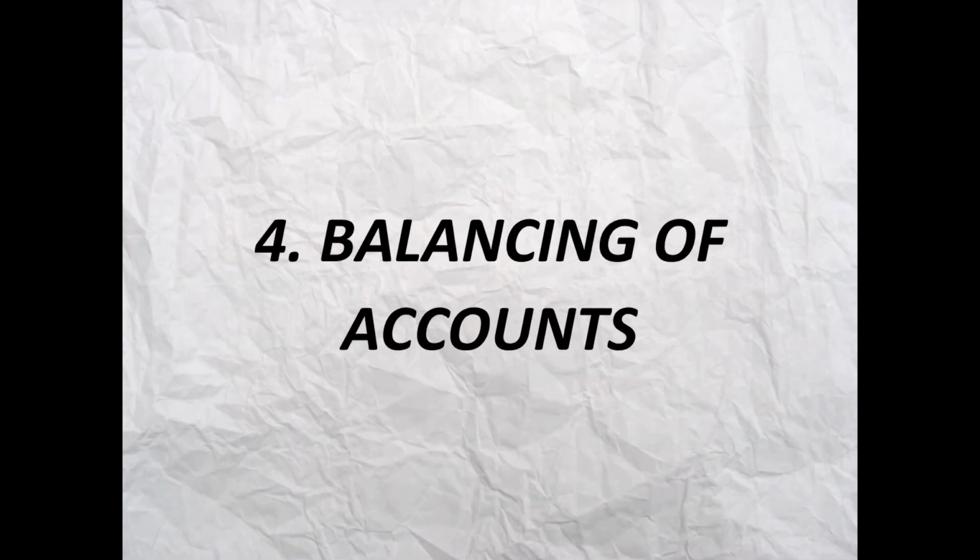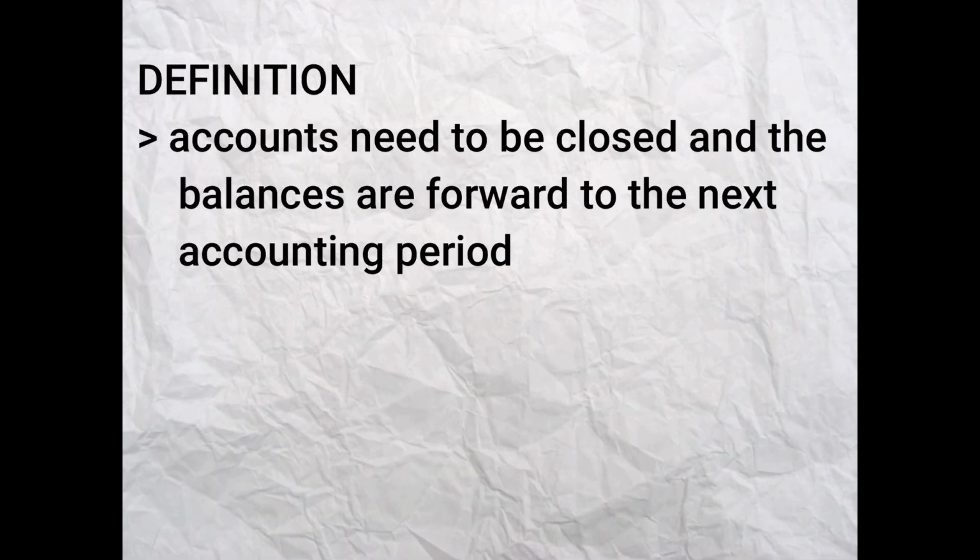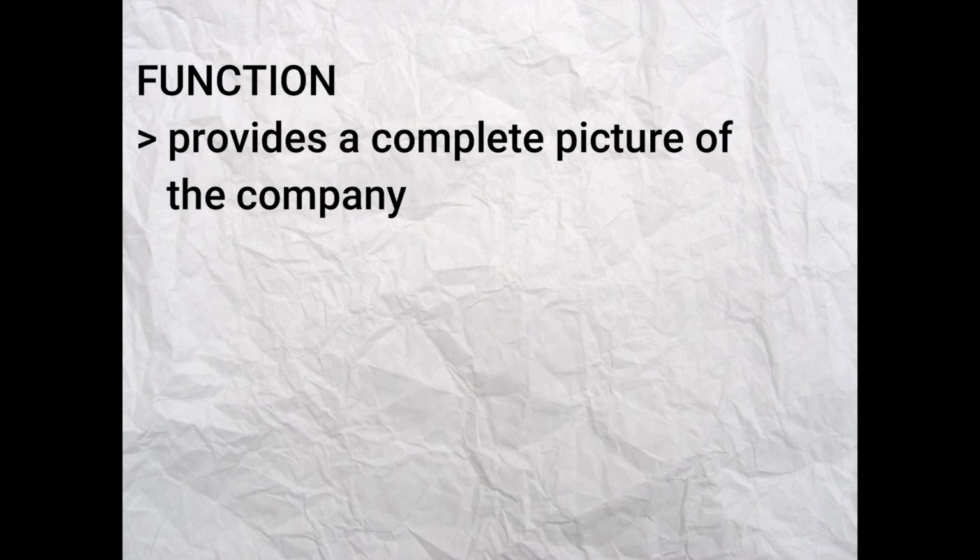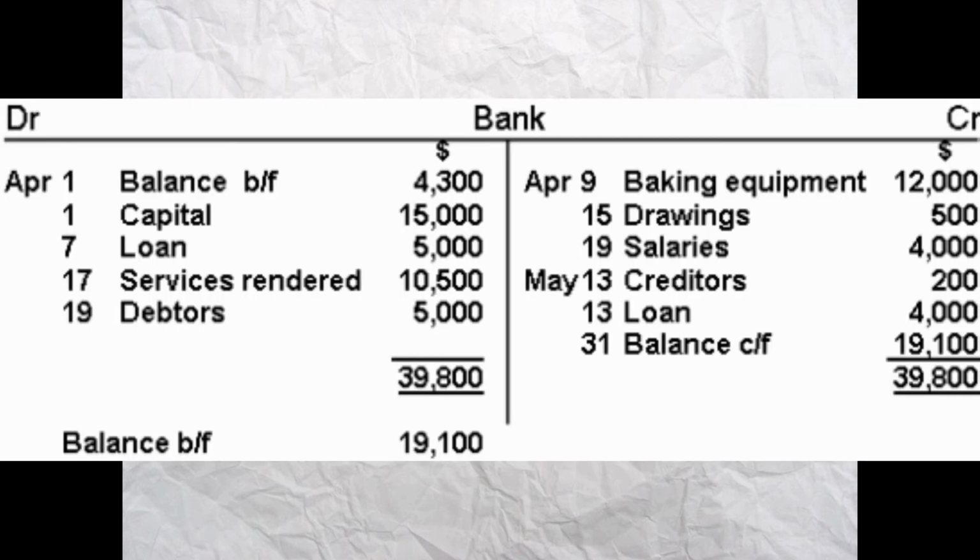Balancing of accounts is when accounts need to be closed and the balances are brought forward to the next accounting period. The function of balancing of account is to provide a complete picture of a company. This is the example of balance account.